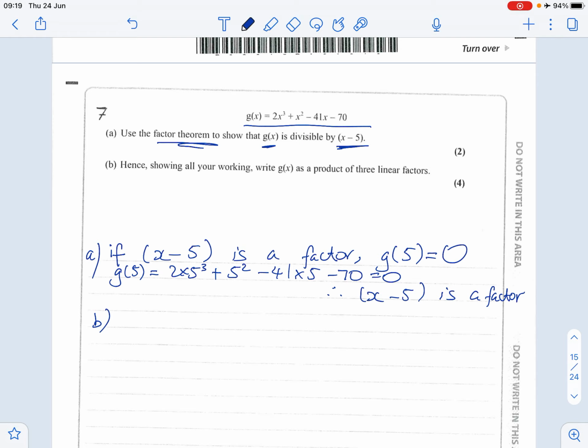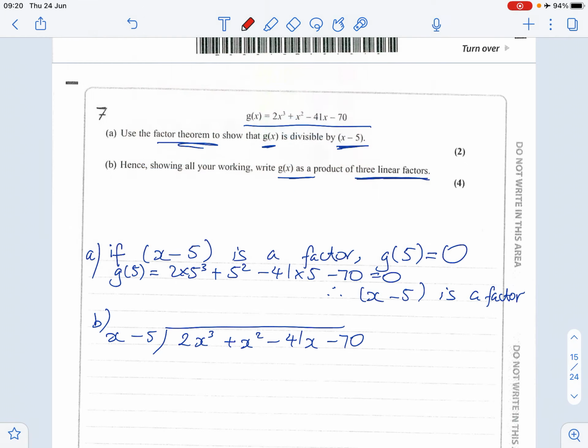Then part B, we want to show that g(x) can be written as a product of 3 linear factors. Therefore, we're going to use algebraic division. So I have 2x cubed plus x squared minus 41x minus 70, and it's divided by x minus 5.